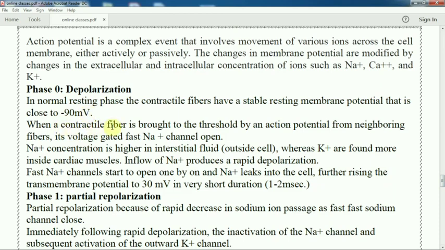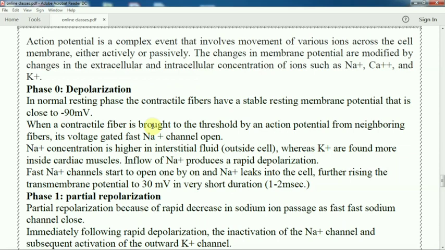When the contractile fiber is brought to threshold by an action potential from a neighboring fiber, its voltage rises fast. That means sodium channels open, and sodium concentration is higher in the interstitial fluid, so it flows from outside to inside, whereas potassium is found more inside cardiac muscle.